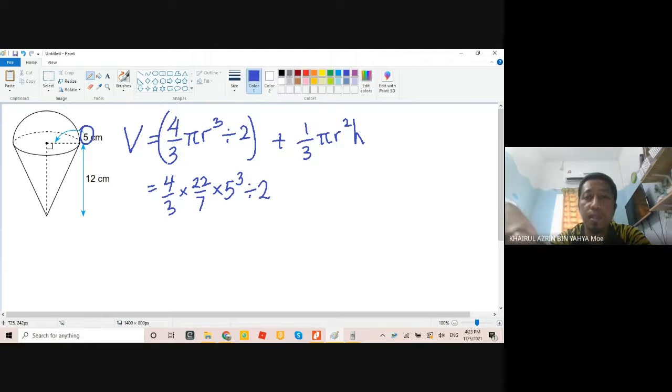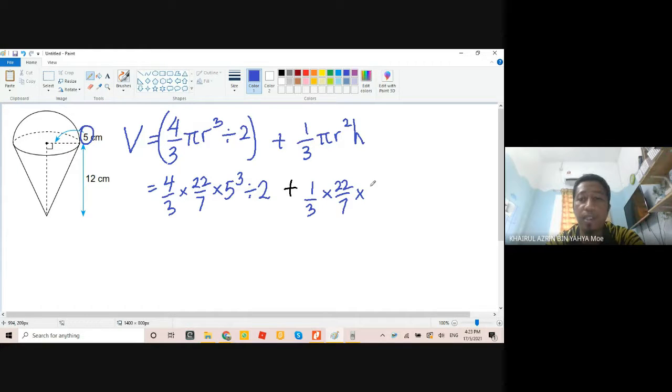Next we add 1/3 times pi 22/7 times r, again 5 square, times h. H for the cone is 12 cm.